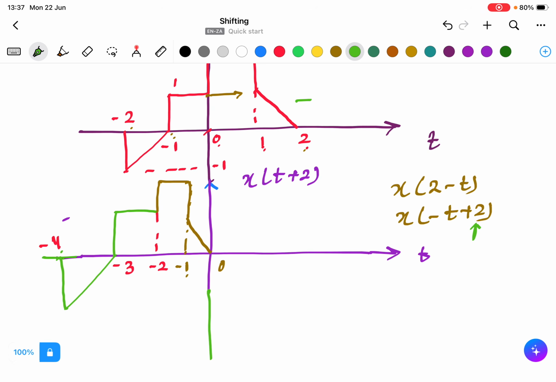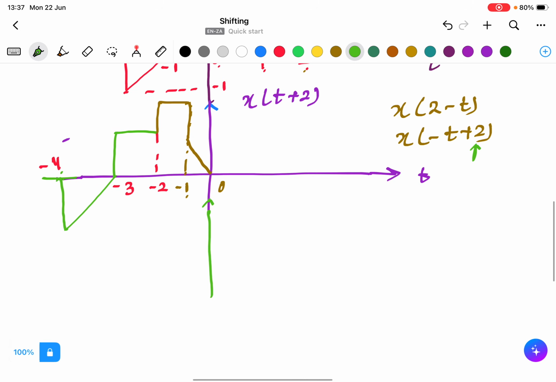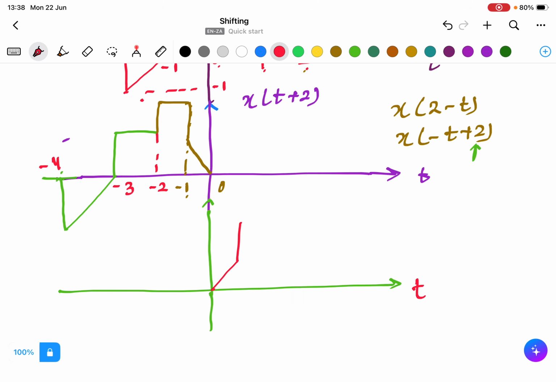So if we plot this signal, it will be plotted in a similar way here. Sorry, the amplitude I forgot to mention here, it's 1.